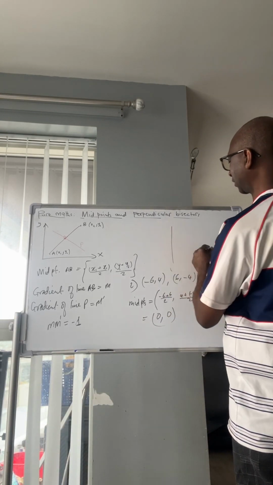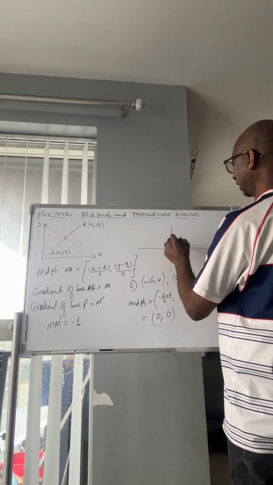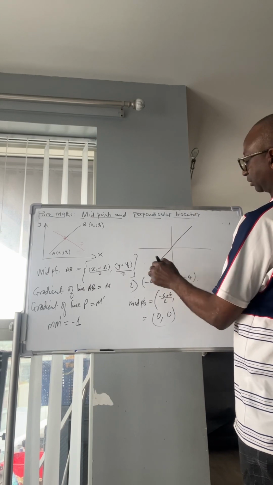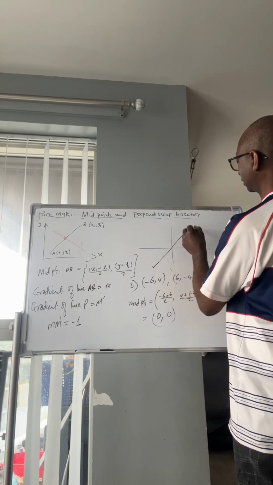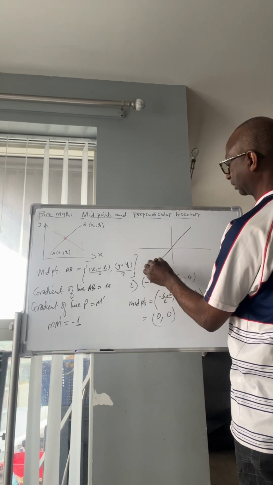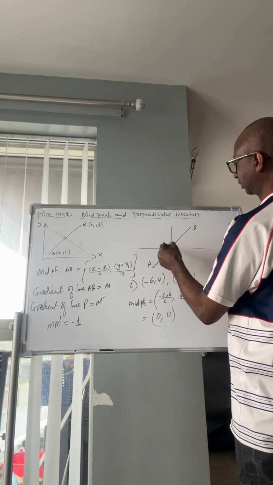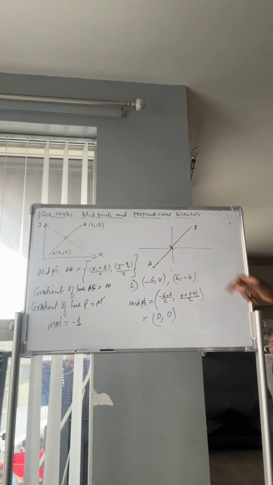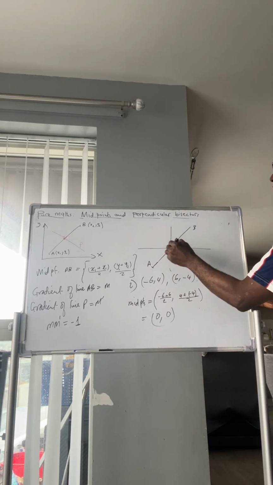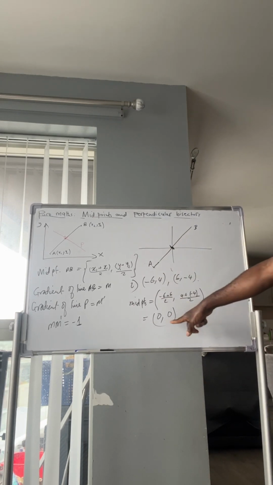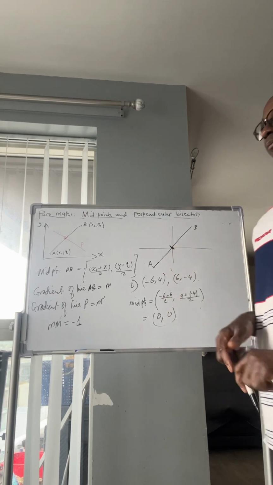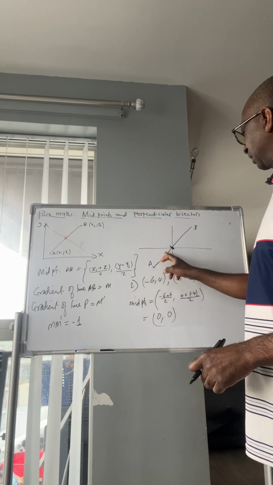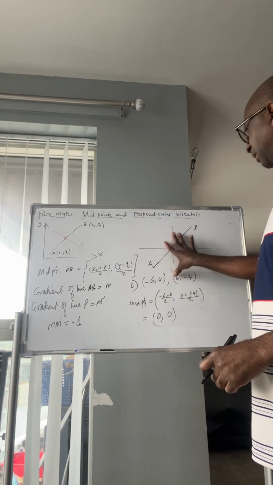If this is your graph and this is the line, so the midpoint of this line AB is going to be here, the origin. That's what this figure tells you. I'm just making an example here. I don't know whether this minus 6 is here, but that is the picture anyway.